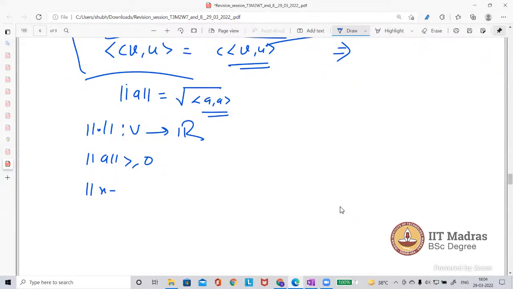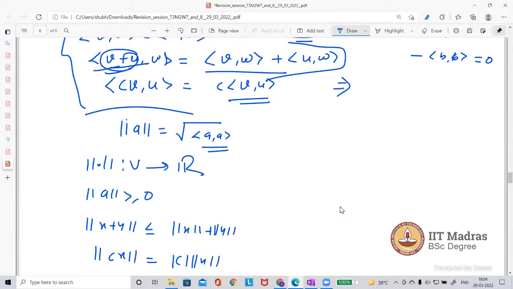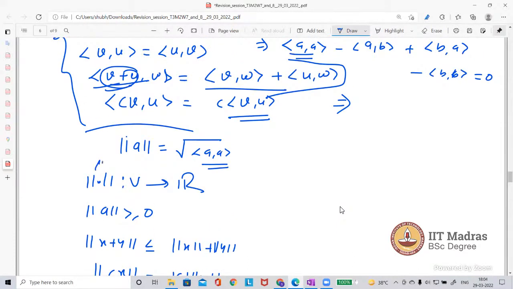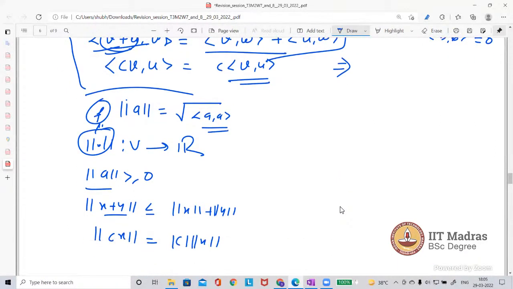The second is linearity. The third one is scalar multiplication. If this function satisfies these three properties, then this notation is called a norm.